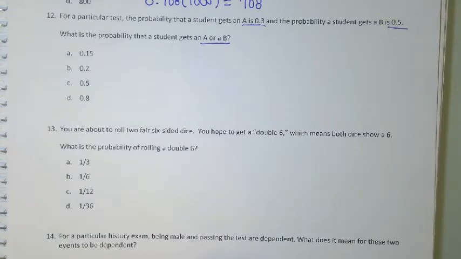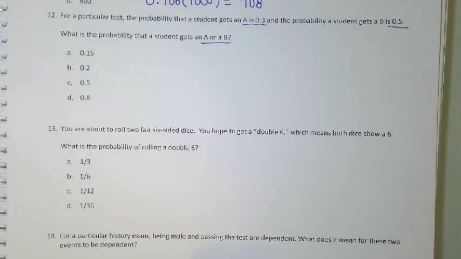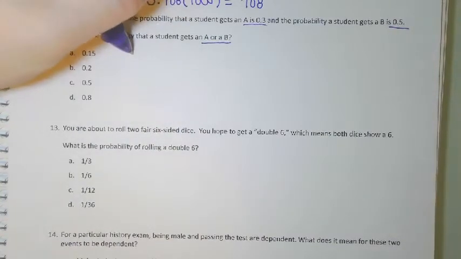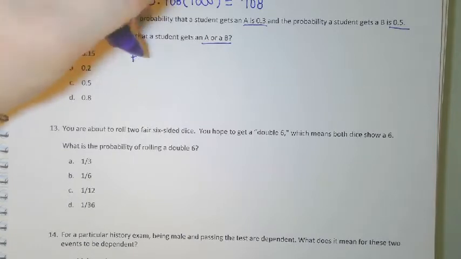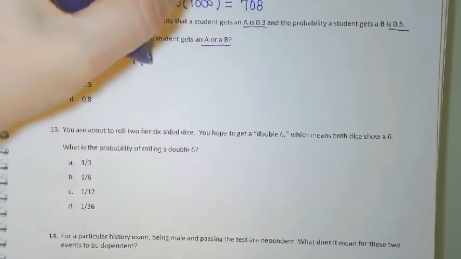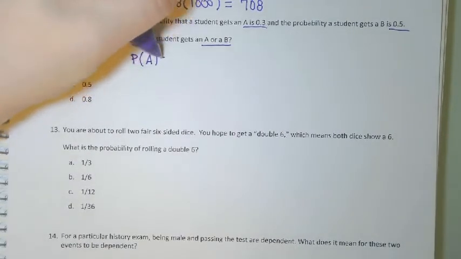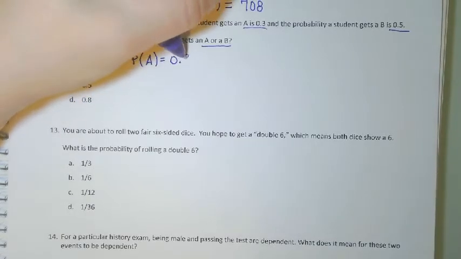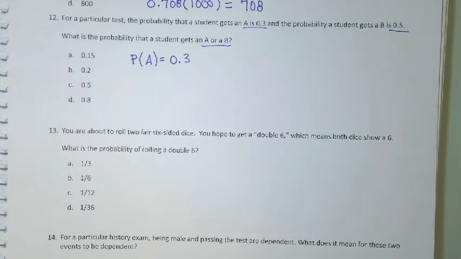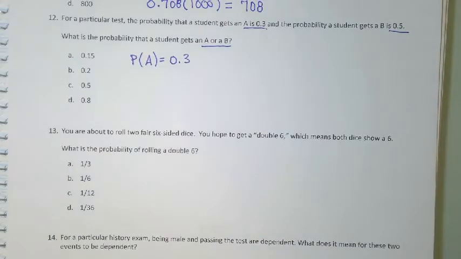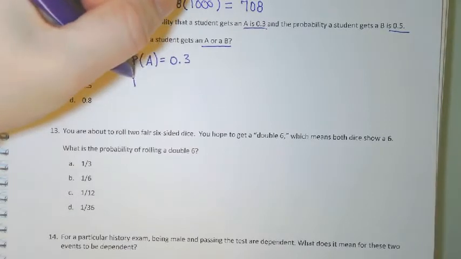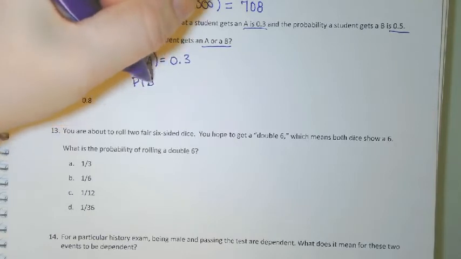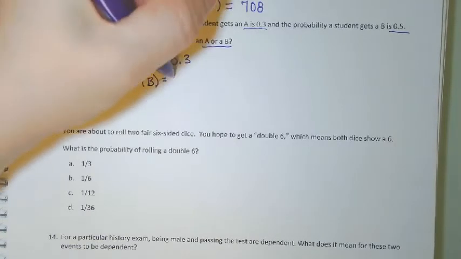So it's always a good idea to start by writing down what information you do know. So what we do know is that the probability of a student earning an A is 0.3 or 30%. Other piece of information we know for sure is the probability that a student gets a B, which is 0.5 or 50%.